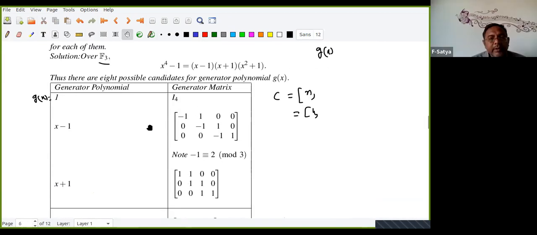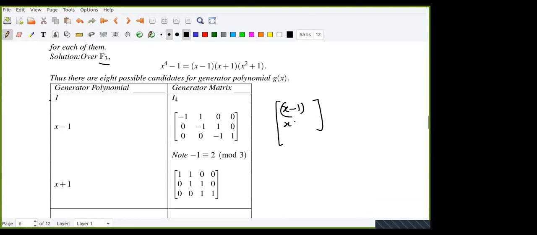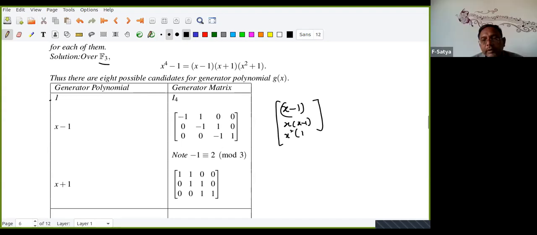So that is what I'm telling. Try to understand this. How do you get this? Can you help me while writing? So x minus 1, right? What is the next one? x into x minus 1. Next one, x square into x minus 1.